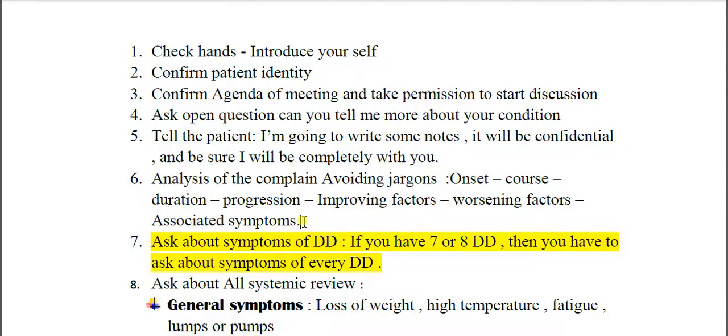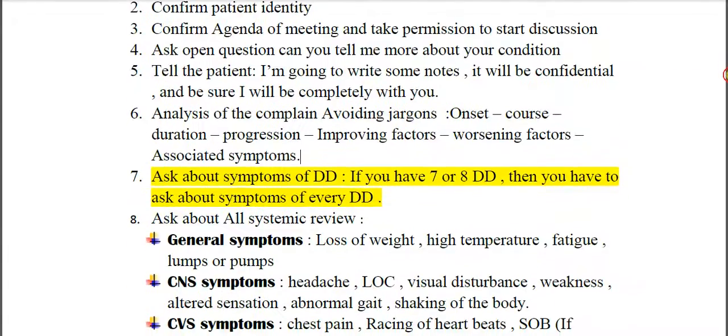After you finish the analysis of the complaint, you ask about your differential diagnosis. You made a list of 7, 8 or 9 differential diagnoses, so you have to ask about every differential diagnosis. We are going to take a case sample to apply our skeleton.